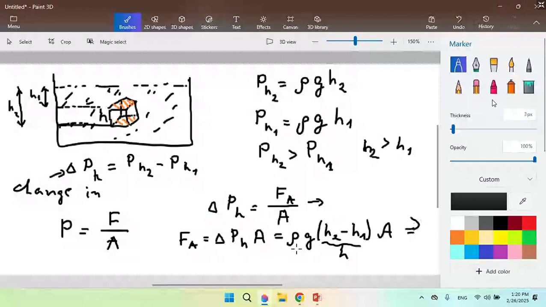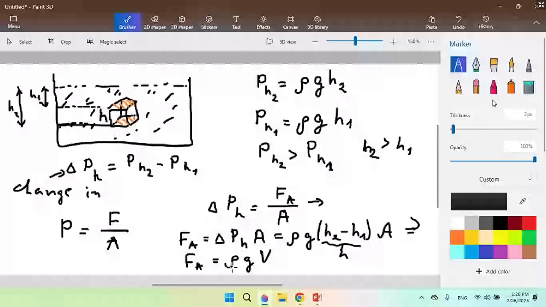I will write below. FA is rho g and then the volume of the cube. But at the same time, it is the volume of the fluid being displaced by the cube. They are the same. So thus, Archimedes force is, what is this rho?